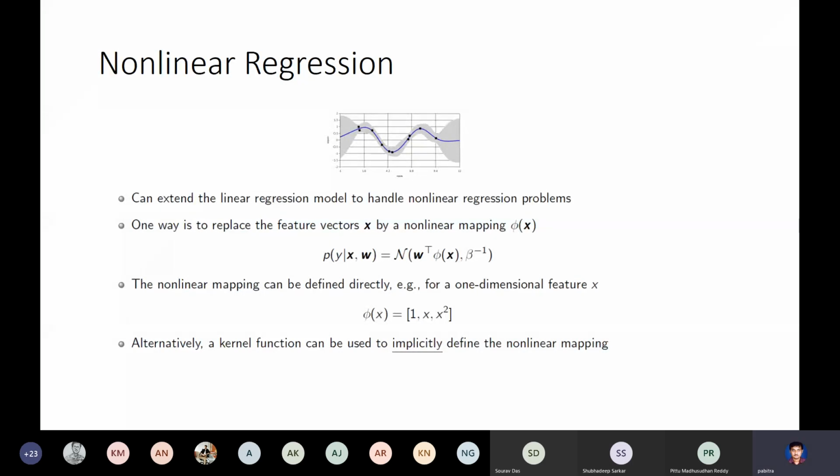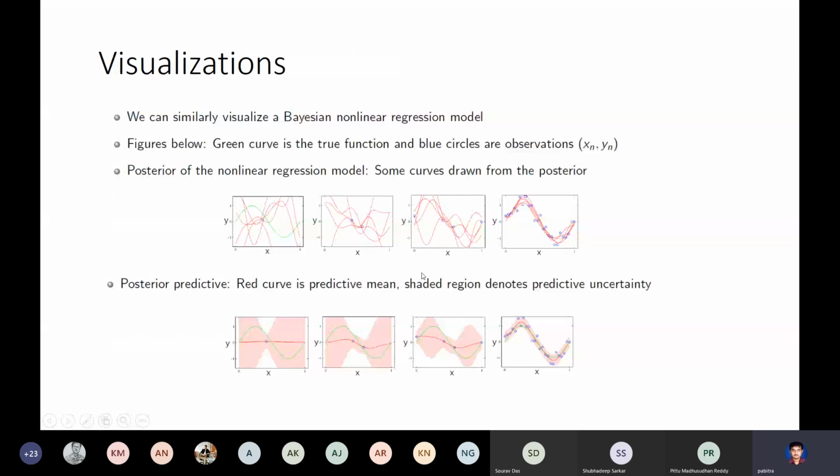So this is the visualization. You can have all possible curves to fit this, and you remember from the previous data space to model space mapping, as you have more and more data, many of these possible curves are ruled out.